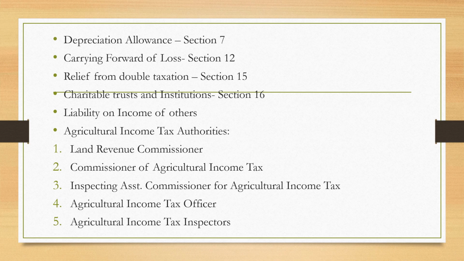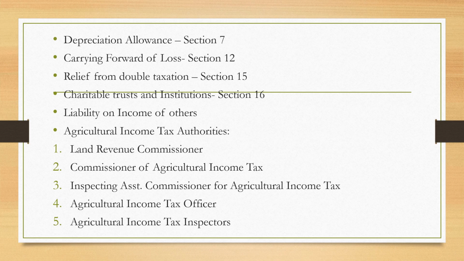And the fifth one, to any person from the asset transferred otherwise than for adequate consideration to the person by such individual, to the extent to which the agricultural income from such asset is for the immediate or deferred benefit of his or her spouse or minor child, not being a married daughter, or both. So that is where the income of individual includes income of spouse, minor child, etc. In these five conditions, the income of the other person is also calculated with the assessee.